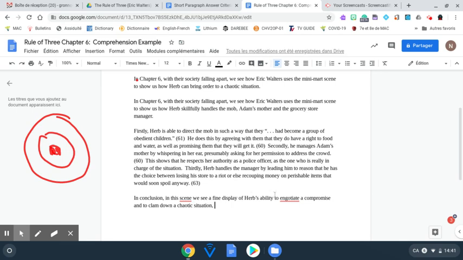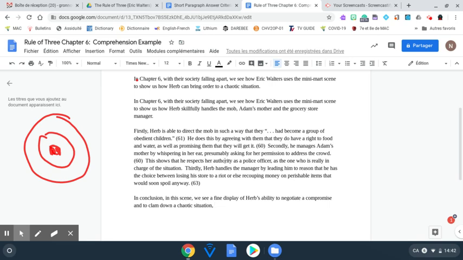So I have restated part of it: in conclusion, in this scene. Yeah, it reads better with a comma. So we see a little half pause there in reading would be preferable. So in conclusion, in this scene, we see a fine display of Herb's ability to negotiate a compromise and to calm down a chaotic situation.